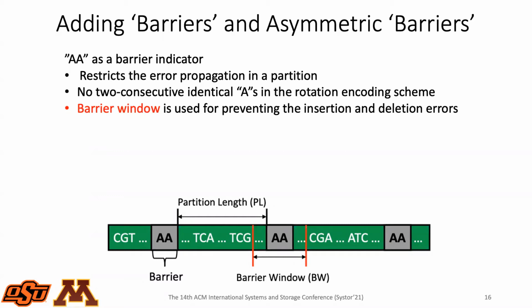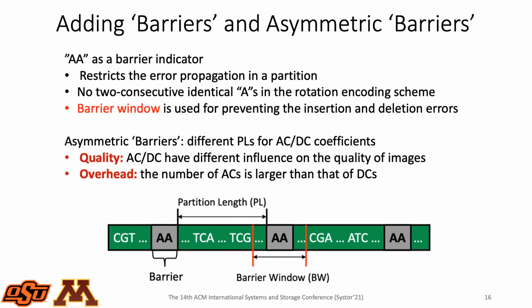And also we use a barrier window to prevent insertion and deletion errors. For example, if some insertion errors happen and generate a new AA here, with the barrier window, we only consider an AA as a barrier indicator inside the barrier window. If there is an AA outside of the barrier window, we just ignore it.